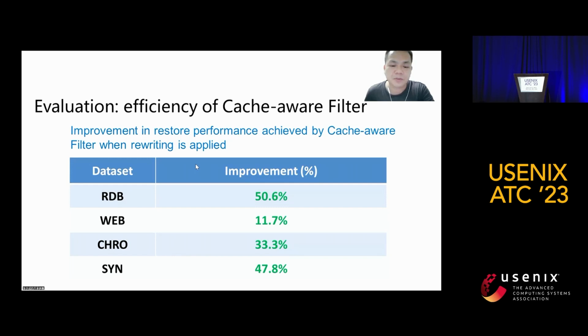This table presents the improvements in restore performance achieved by cache-aware filter when rewriting technique is applied. The results suggest that cache-aware filter improves restore performance by 11.7% to 15.6%.